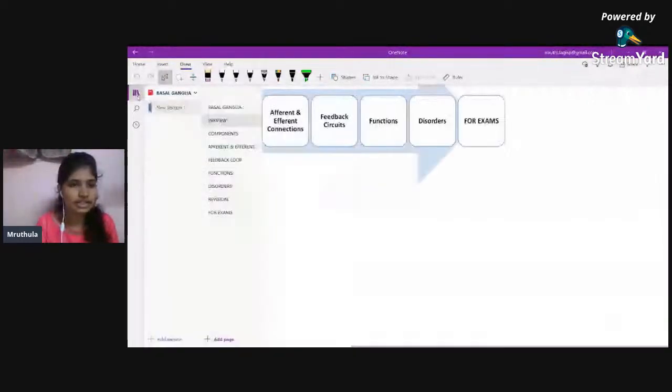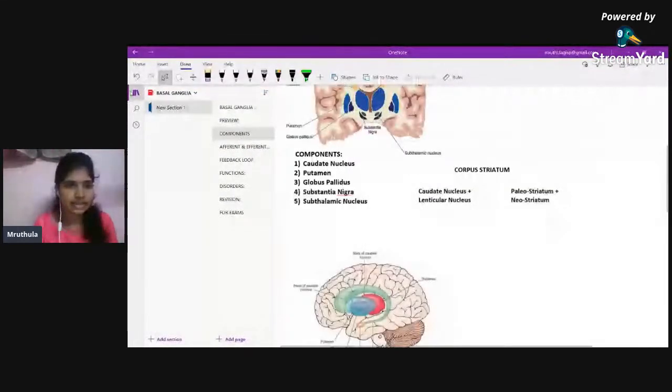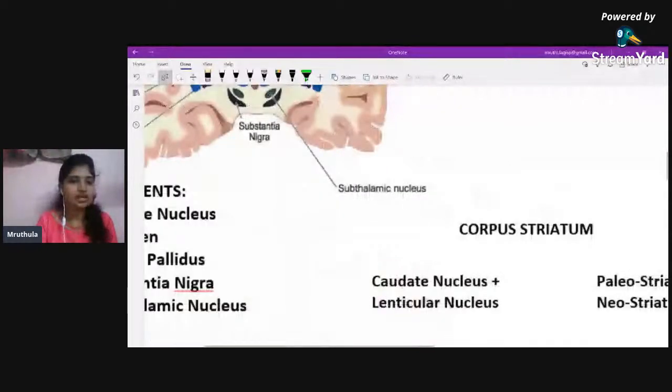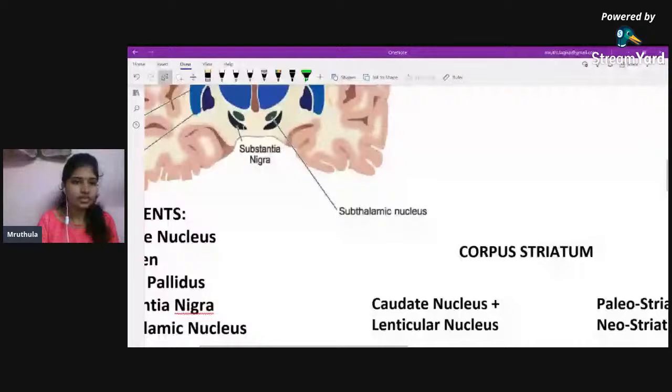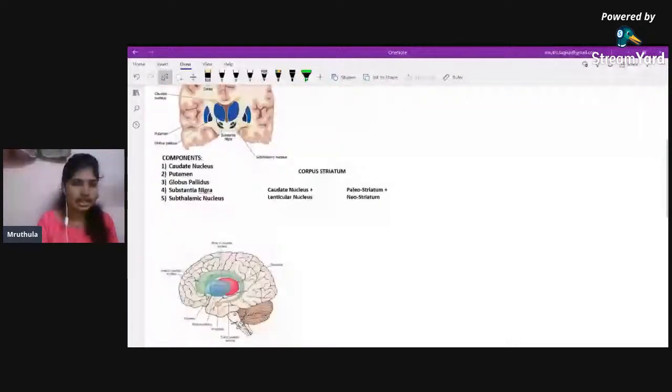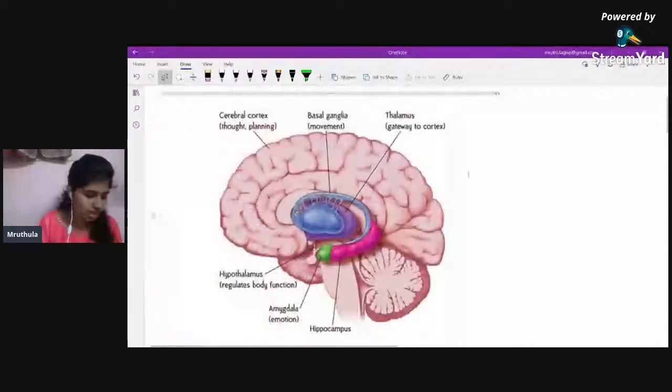All right, so now let's get into the components. If you had seen the session yesterday, there would have been discussion on the anatomical parts of the basal ganglia, right? So for us, the anatomical classification is not very important because we are concentrating on the physiological aspect. Look here, this is a sagittal section of a brain with the complete basal ganglia at the center and base of the brain.